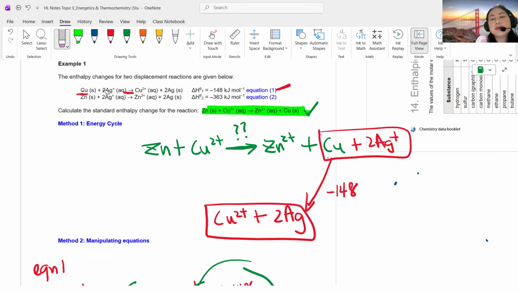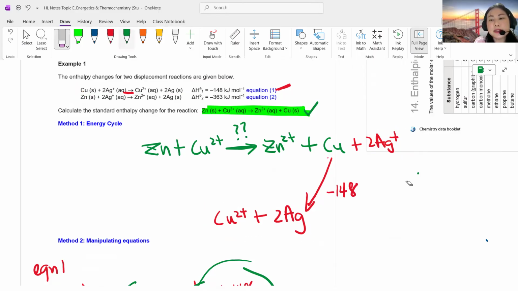Okay, so I'm done with this equation. Next, I'm going to add in the next equation. I put it in blue. So zinc plus 2Ag+. I see a zinc here. So they say from zinc, draw an arrow out. And what it should be with the zinc? 2Ag+. I don't have Ag+, so I add 2Ag+. So I have zinc plus 2Ag+, arrow.